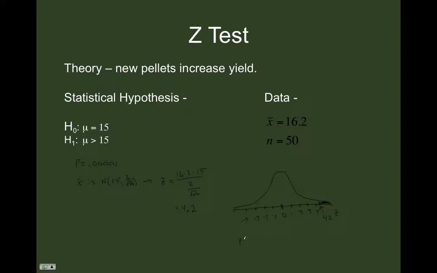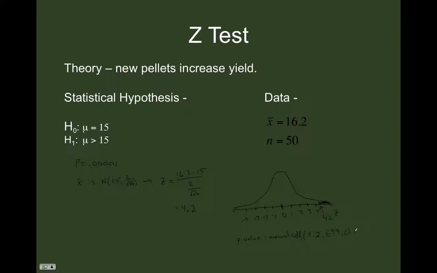So another way I could calculate the p-value is using normal CDF again, but now I'm using the standardized distribution, or the standard normal distribution. So now the lower limit is going to be 4.2, upper limit still positive E99, because this tail also goes to positive infinity.